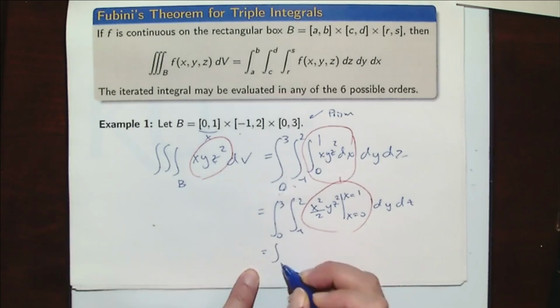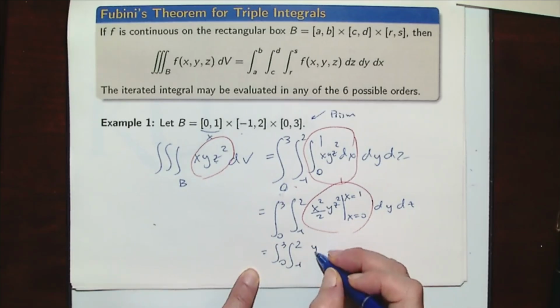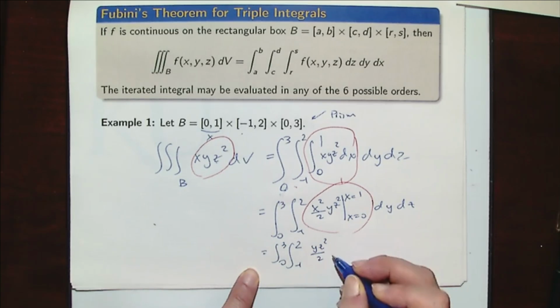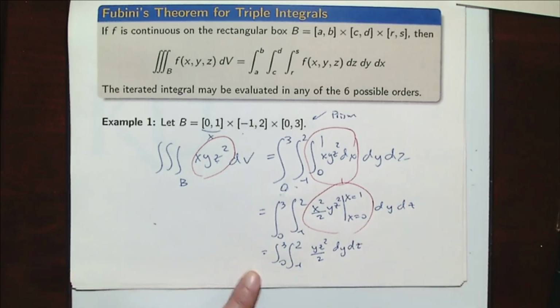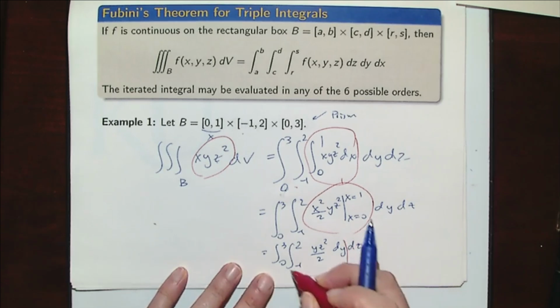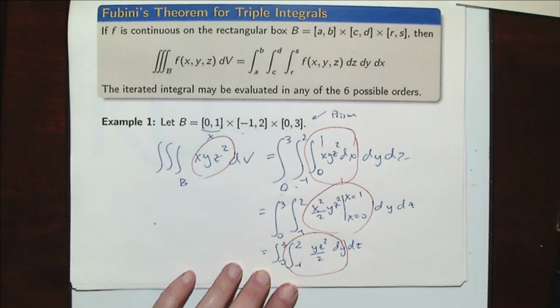These two are the same. And so I end up with 0 to 3, negative 1 to 2. Plug in 1 and you get y z squared divided by 2, and then 0 goes away. Now I have to do the middle one, which is the inner of the outer two.